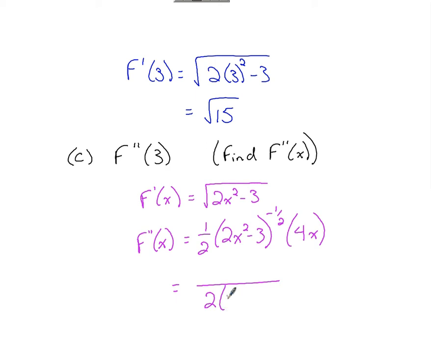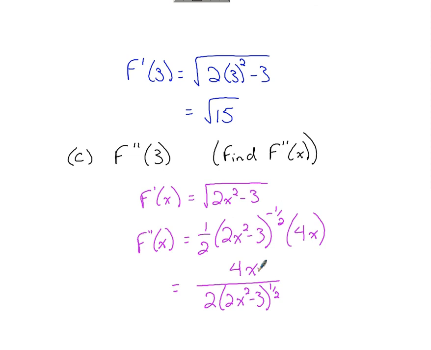We'll bring that down to the bottom. Change that to a positive power. And then anything else just stays on top, right? Anything else would be this 1 and this 4x.